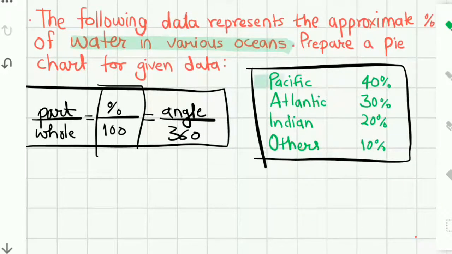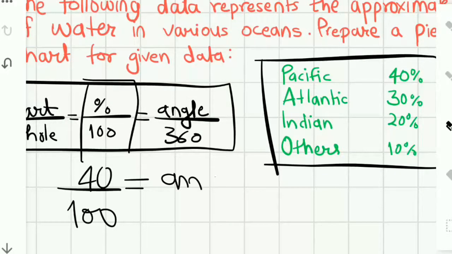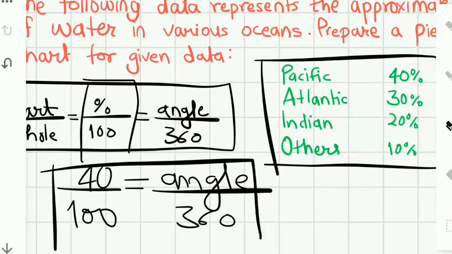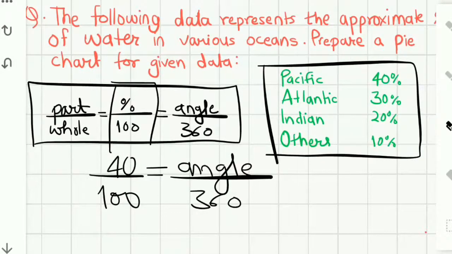So the Pacific Ocean has 40% of water. So we are given 40 out of 100. And to prepare a pie chart, we have to find the angle that represents this part of the data. It will be angle divided by 360. So out of all the 4 values, we have 3 values and we have to find the 4th value, which is the angle. You can easily do that. Do this question on your own.